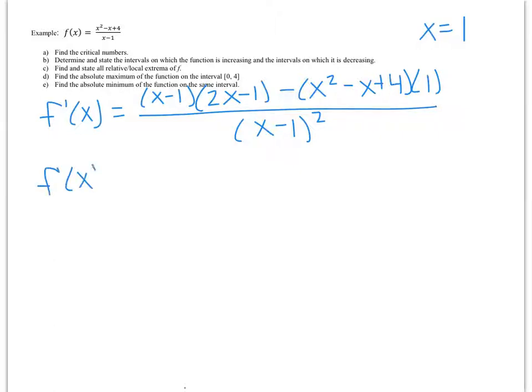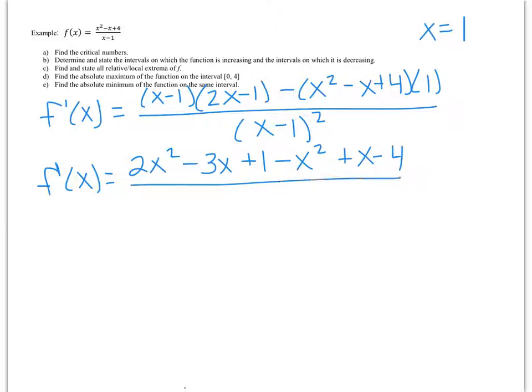So f prime of x, if I distribute, I have 2x squared minus x minus 2x is minus 3x, plus 1, minus x squared plus x minus 4, all over my x minus 1 squared. And I know it's undefined when x equals 1. We already got that.